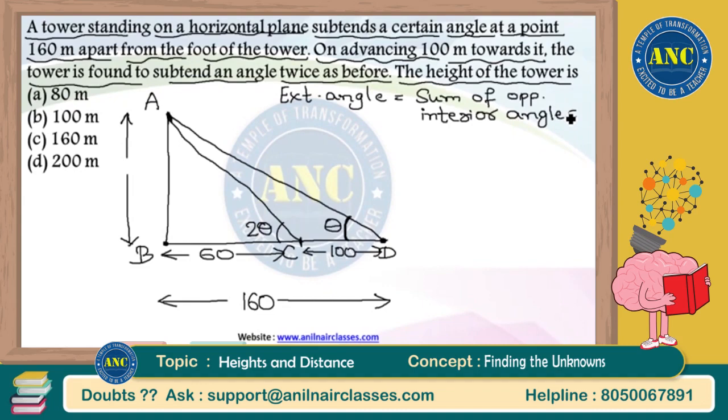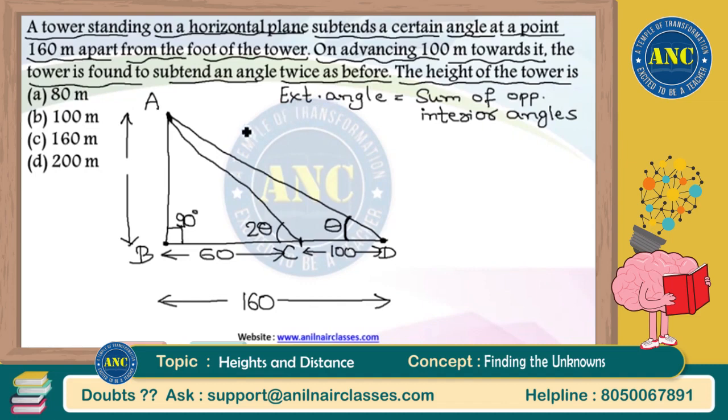I can take theta as 30 degrees, so 2 theta will become 60 degrees. Or I can take theta as 45 degrees, so 2 theta will become 90. But the 2 theta does not look like 90 actually. For a horizontal plane, that is not 90 degrees. In fact, angle B is 90 degrees. So I will not take any values for theta. Let me solve it in that fashion itself, however it is required.